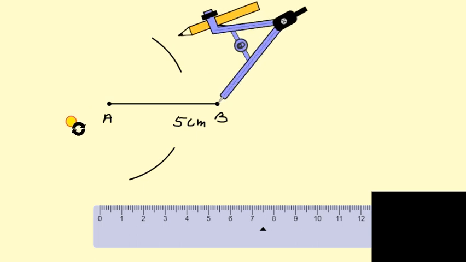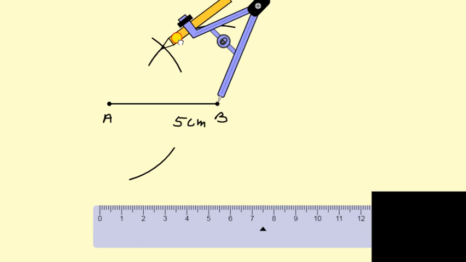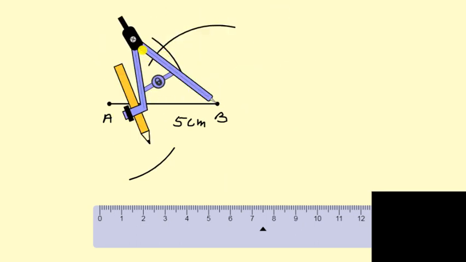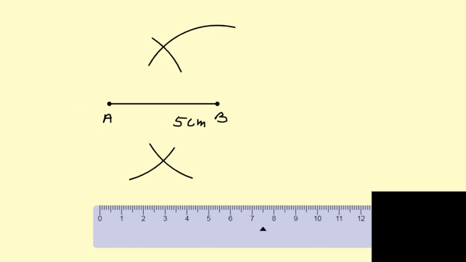Keep the compass here and take a distance more than half, and then make an arc here, first upward and now second downwards. So here you make this type of arc.